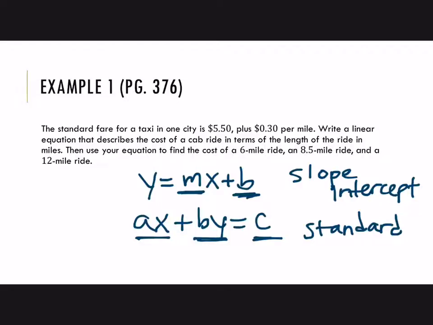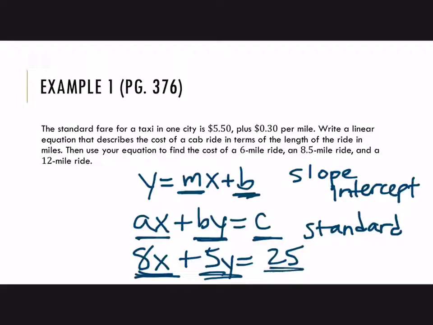Cashews cost like $8 a pound, and peanuts are a little cheaper, maybe $5 a pound, and maybe you have $25 to spend making some sort of a trail mix. So you usually have two components, like cashews and peanuts, and some costs associated with those.